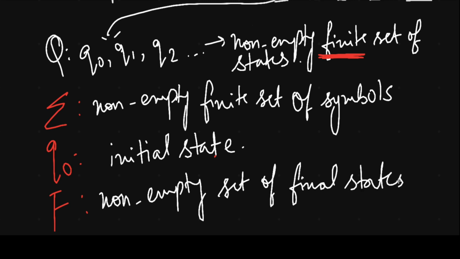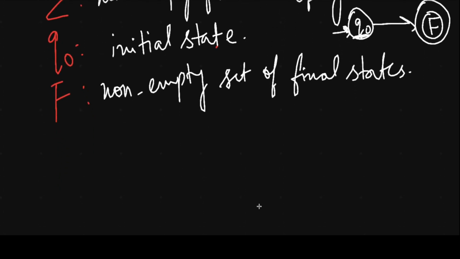So in our DFA or NFA, for example when we are designing, this is the initial state q naught and this is the final state F. If we denote it using two circles, that is a final state, and the other is the starting state.